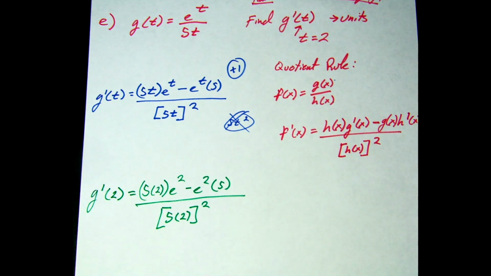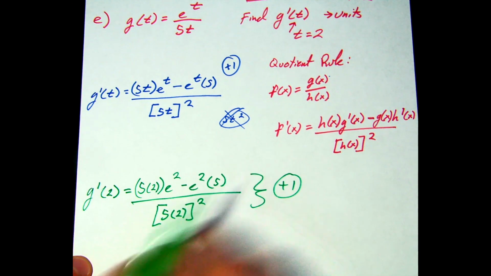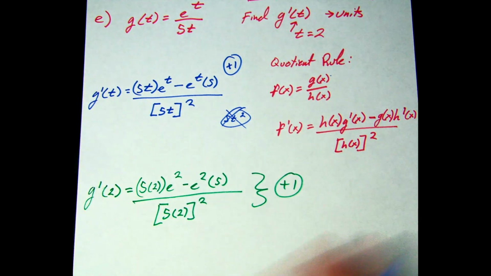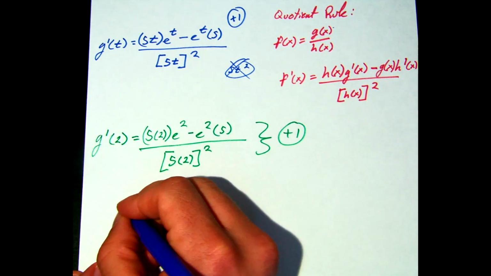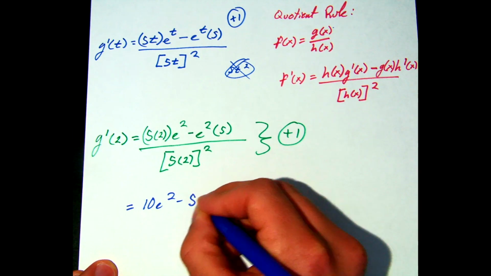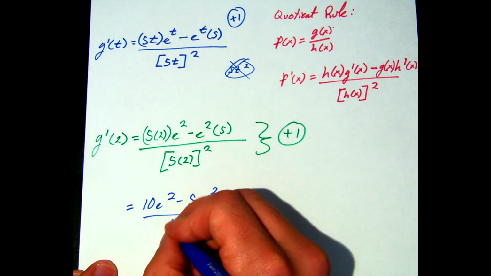Now, when you get here, it's very important. Just stop. You got the point for g prime of 2. That is all the same. If you want to simplify it, you certainly can. I would get 10e squared minus 5e squared all over 100.